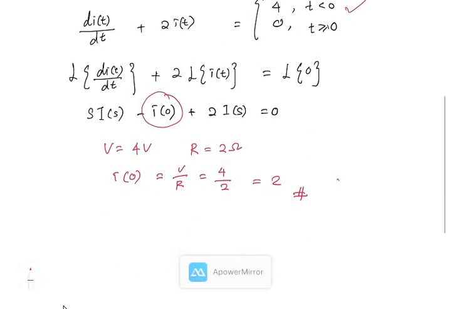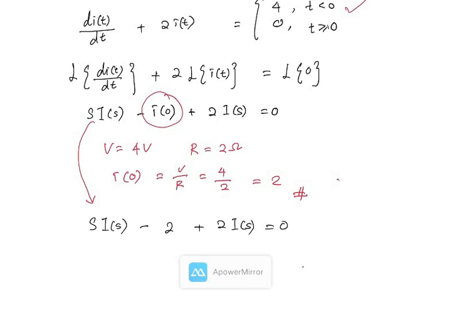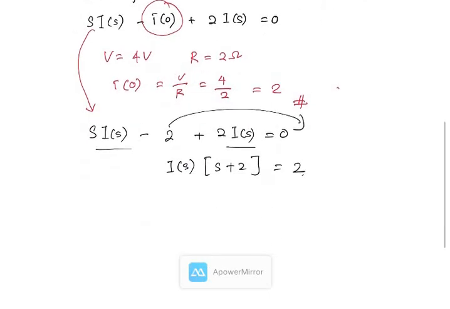So I(0) equal to 2, and we can substitute it in here. So I get sI(s) minus 2 plus 2I(s) equal to 0. We take out the I(s), so I(s) times (s plus 2) equal to 2. We bring it to the right-hand side, and I(s) equal to 2 over s plus 2.